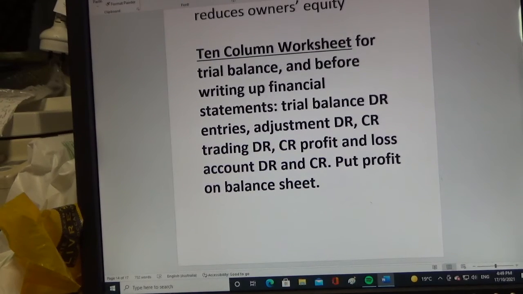Yeah, that's how you get net income. Okay, and then don't forget to transfer profit into the balance sheet. Now, if it's a profit, it's a credit item, part of your capital. But if it's a loss, it's a debit item, because you've actually reduced owner's equity.